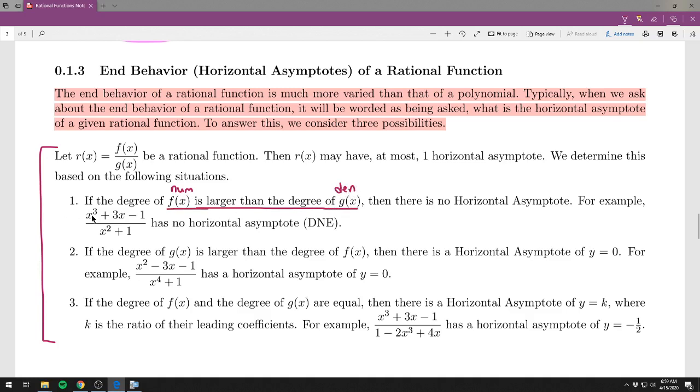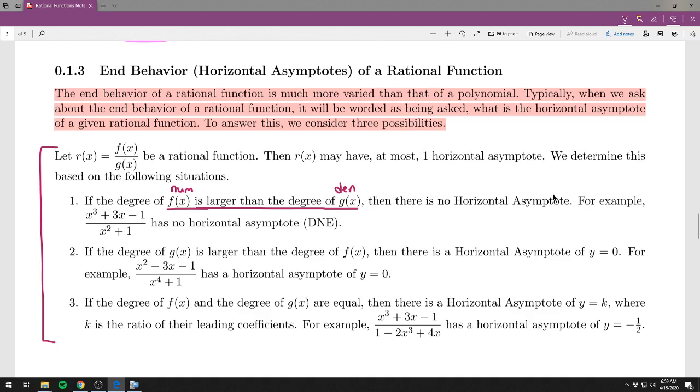So the degree of the top, x cubed, for my example here, x cubed plus 3x minus 1, is 3. The degree of the denominator here, x squared plus 1, is 2. Right. The degree of the numerator is larger than the degree of the denominator. Then what happens is there is no horizontal asymptote. Right. So there is no horizontal asymptote.